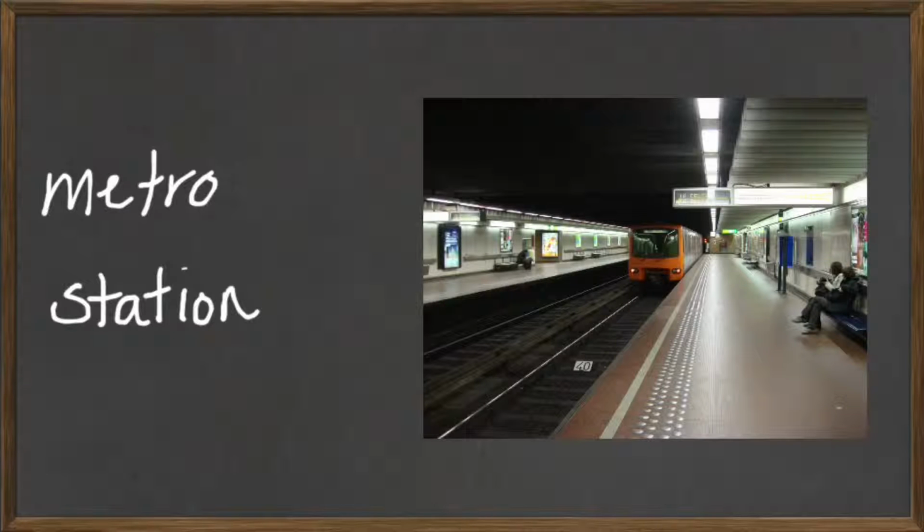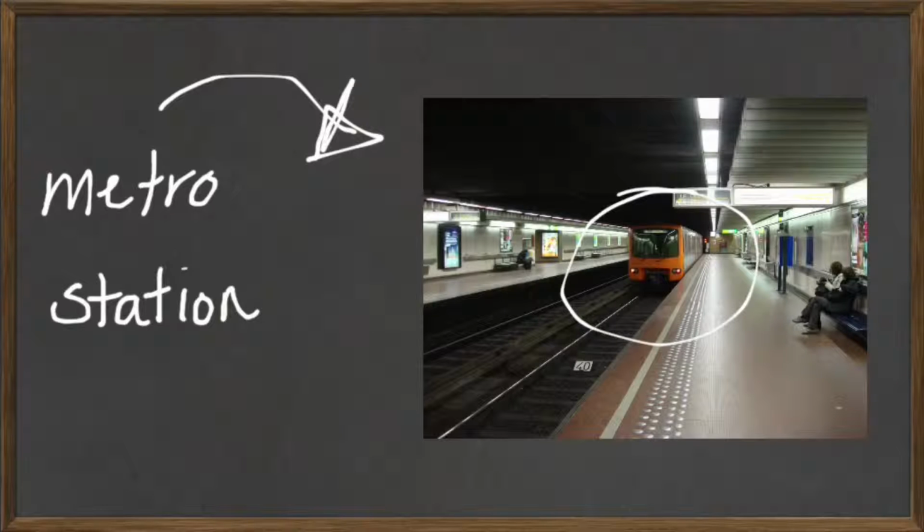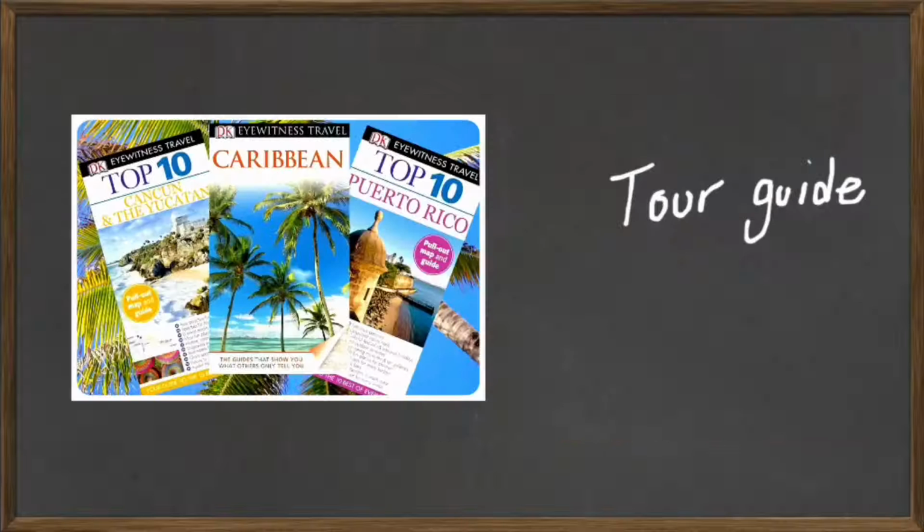Here we have the metro, and here's where you can take it. Very important to know where the metro goes to. Don't forget your GPS or your phone or a map so that you don't get lost.